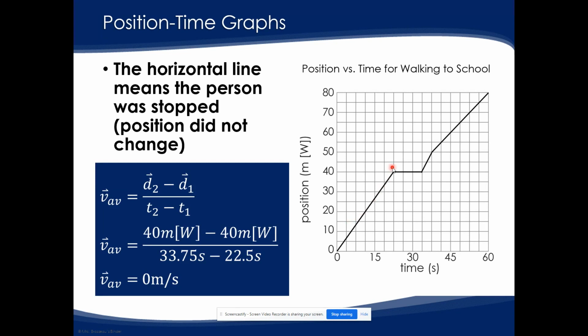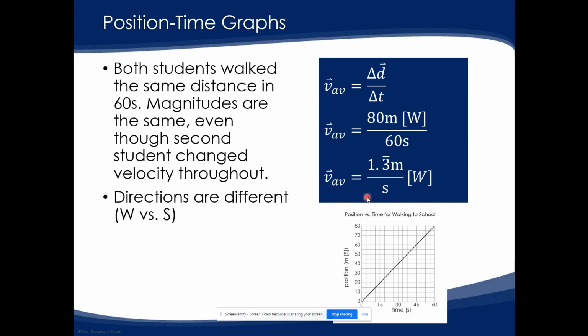It's just they changed their speed at some point. So they have the same distance, magnitudes are the same, and even though we changed velocity and their directions are a little different based on where they're walking from, they both traveled the same average velocity, because when we're talking about the average, we're just looking at the very start from the very end, and whatever happens in the middle happens.